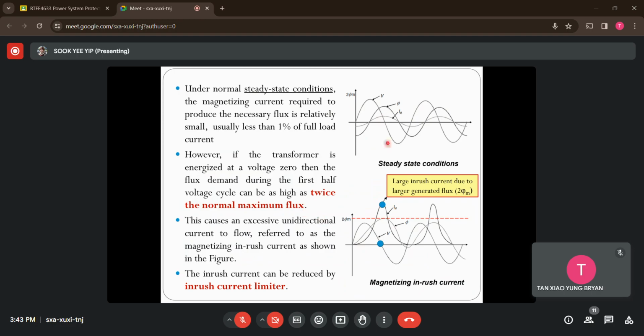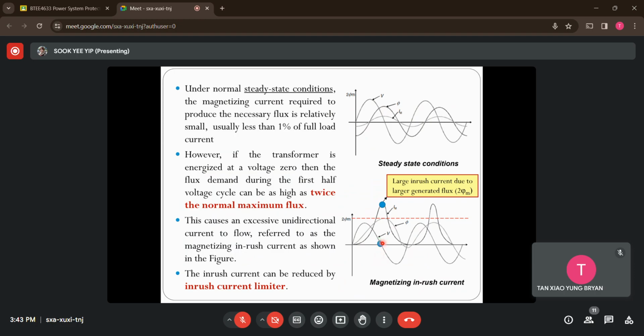So let's say the normal flux value is here. This is 2 times the maximum flux. You'll notice that the flux is actually reaching this line right now, whenever the voltage reaches zero.